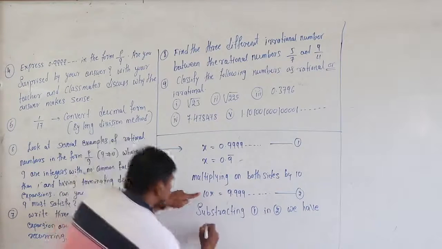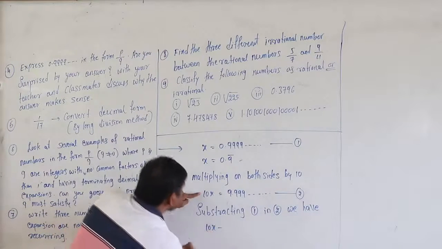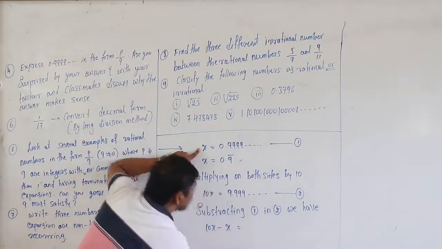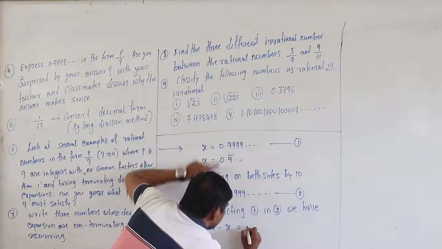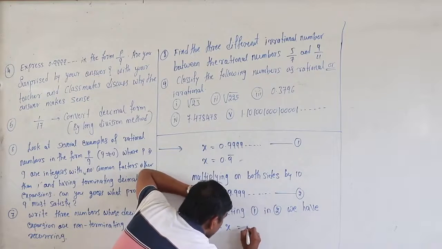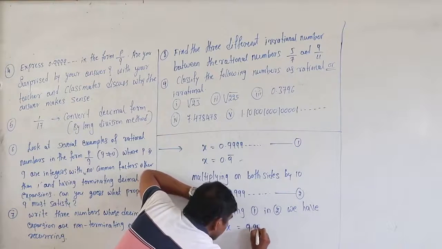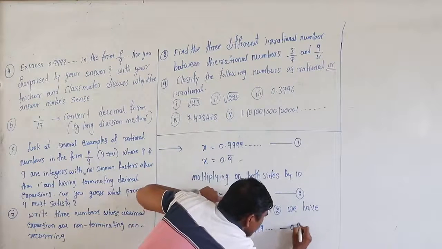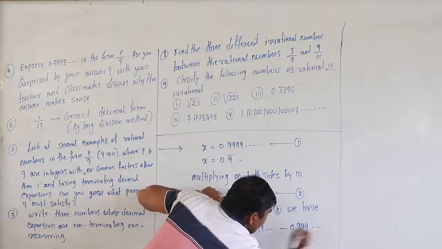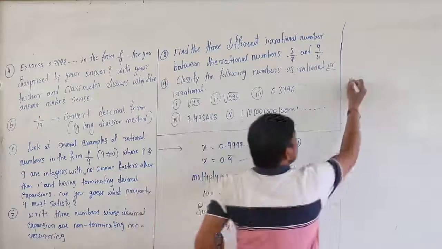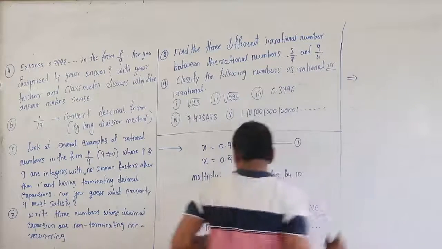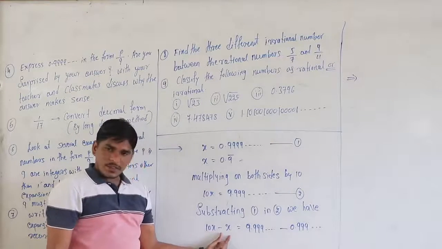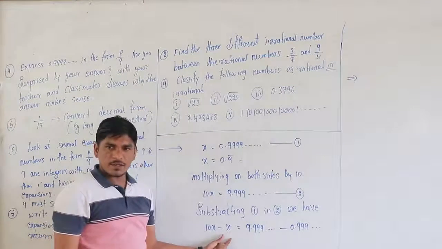Equation number 2 is 10x, so you write 10x minus the LHS term of equation 1, which is x. x is equal to, on the RHS, 9.999 and so on, minus 0.999 and so on. Then we simplify. These two are like terms, 10x minus x, that's why 10x minus x is equal to 9x.